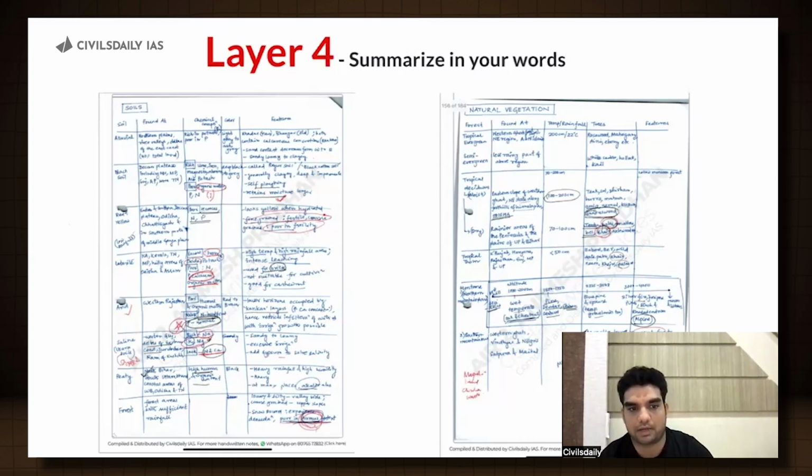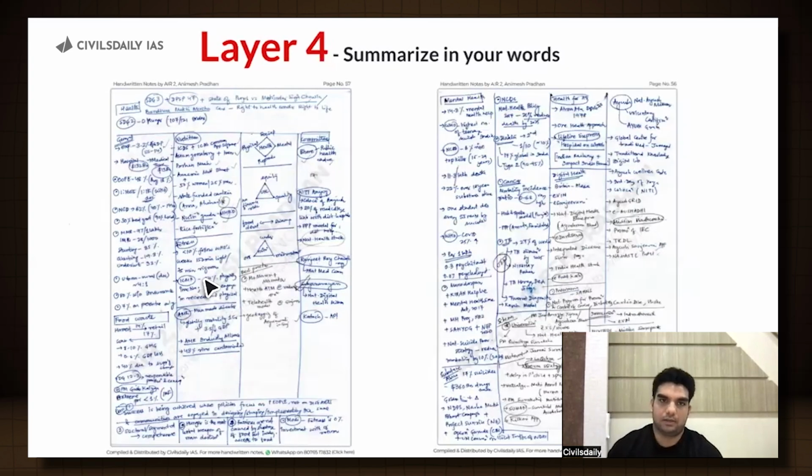Great. I hope you understood, right? This is another example of layer 4. So much information packed, very crisp. On your left side, you have notes on health. I think the right side is a completely different example of health. So please don't think कि इतना मैं कैसे याद रखूँगा. It's his brain.